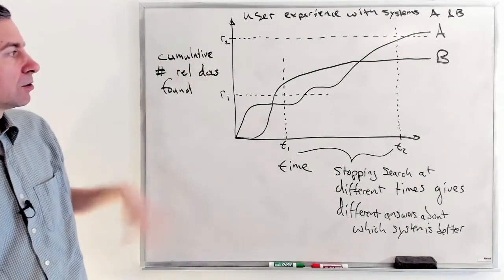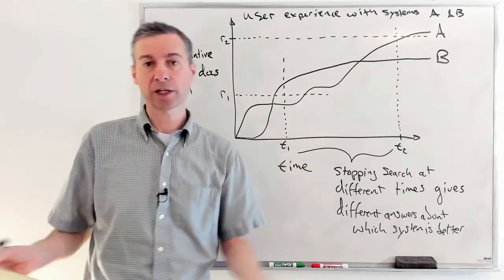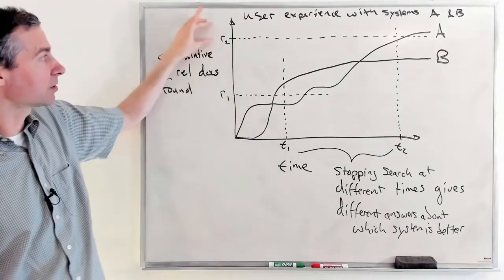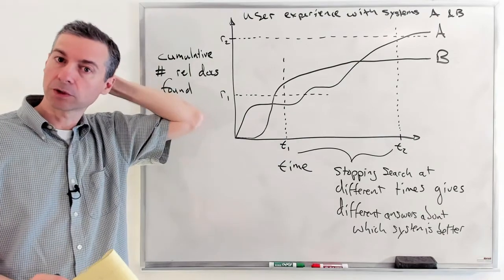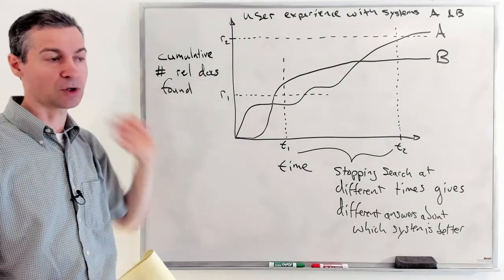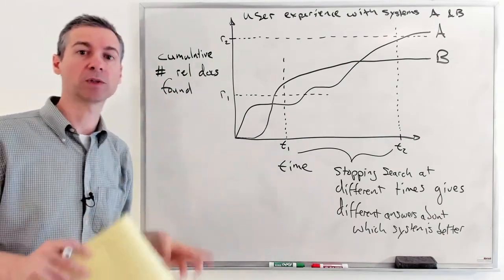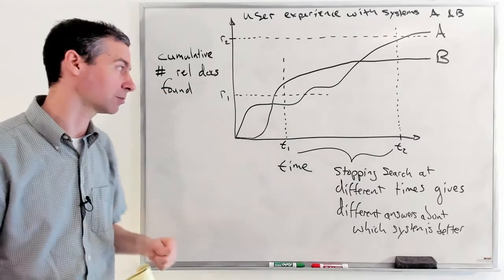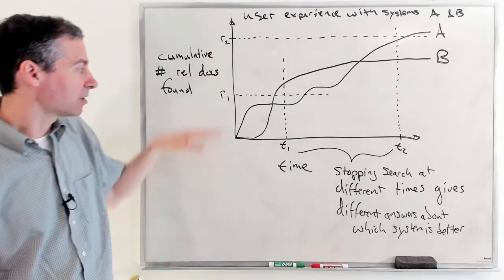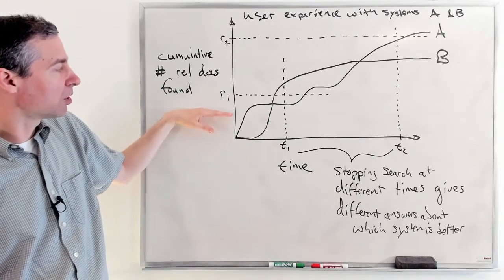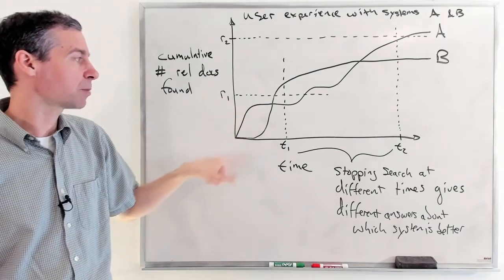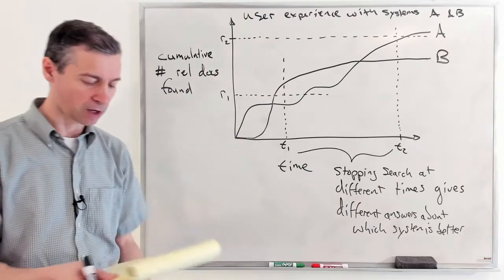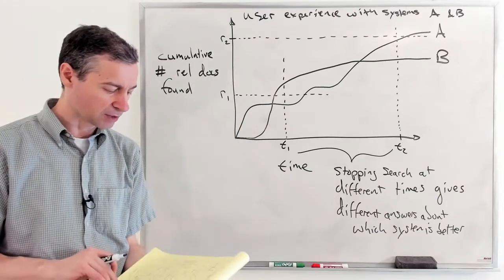Maybe R2 is I need at least 4 documents. This is a real serious information need. I need to see multiple sources. It's really important to me, and so the one that can get me the most relevant documents is my preferred system. Again, maybe if you had a really small information need, the one that gets it to you really fast is better than the other one that's a little slow to take off to actually help you find things.